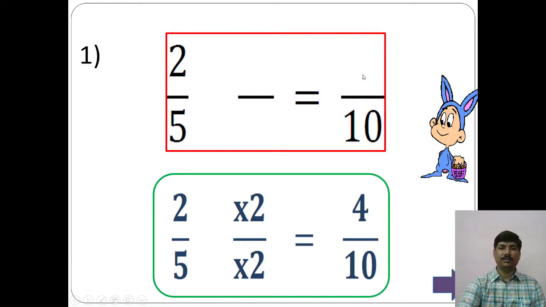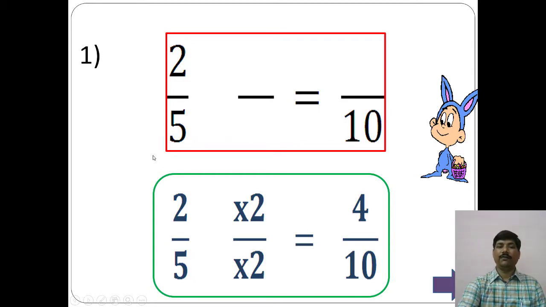Here, what will be the numerator? What will you do here? How can you make it equal to 10? It means this fraction will be equal to a fraction in which the denominator becomes 10.